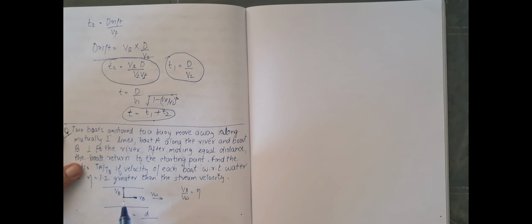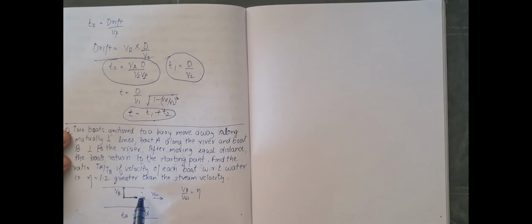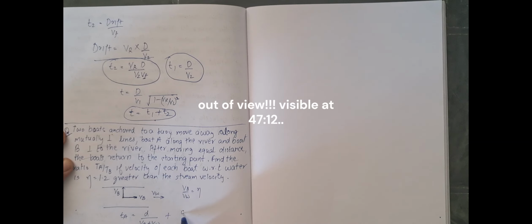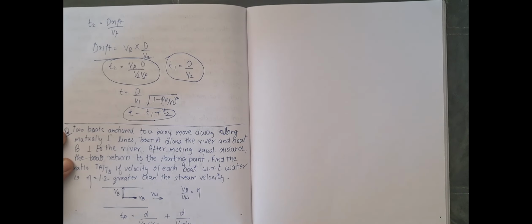So let us talk about boat A first. As we can see, boat A first goes downstream because the velocity of the water is like this, and then again it goes upstream. When it goes downstream, the time taken will be equal to D by VB plus VW. And when it goes upstream, the time taken will be D by VB minus VW.